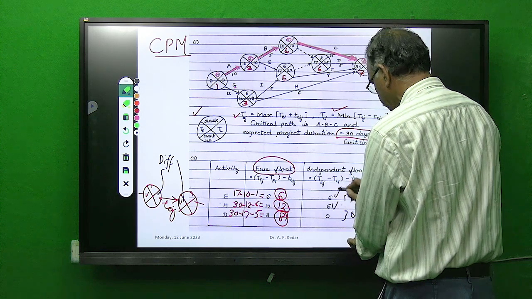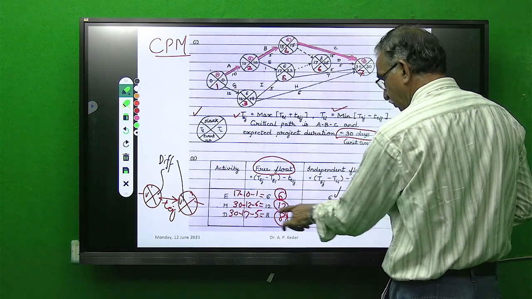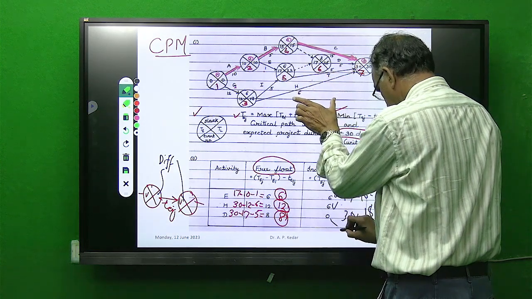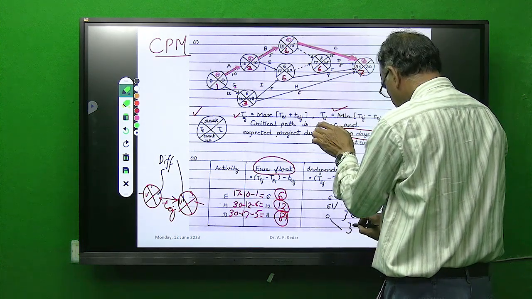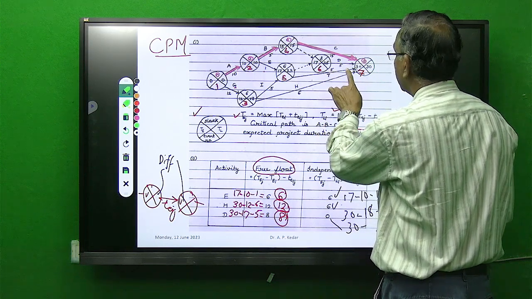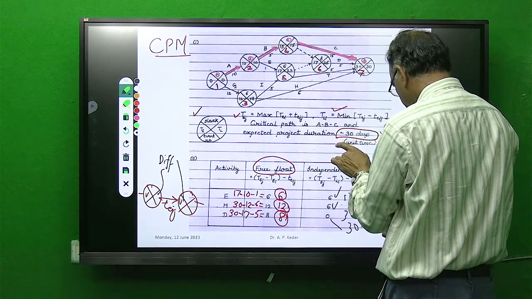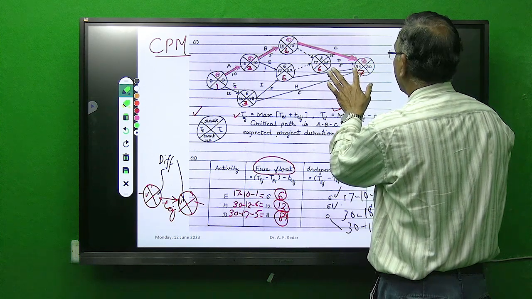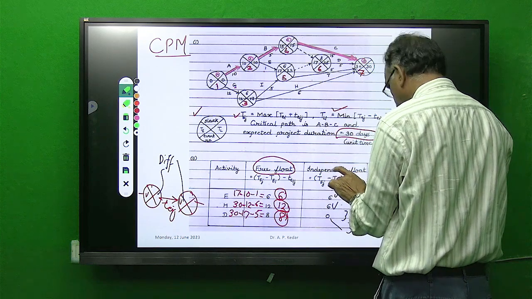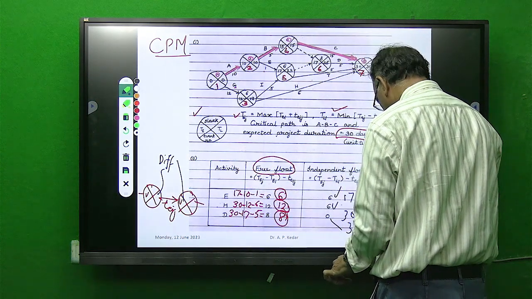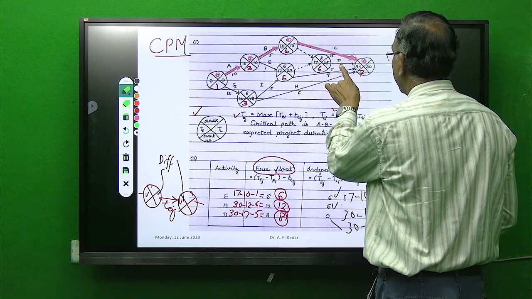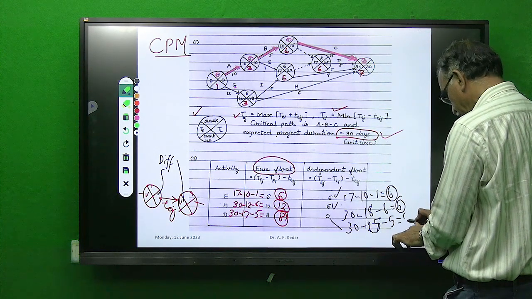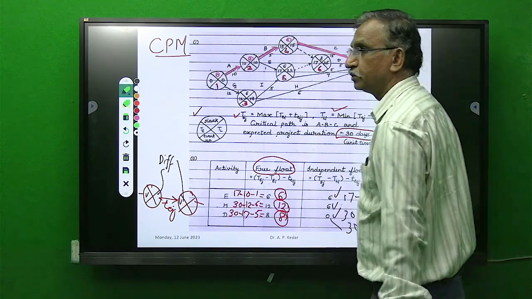So this is 6, this is 6, and last is activity D. For D, the gap is 30 minus 17. No, 30 minus 25, not 17. 30 minus 25 is the gap available, which is 5, and activity time is 5. So 5 minus 5 is 0, and this is the 0.